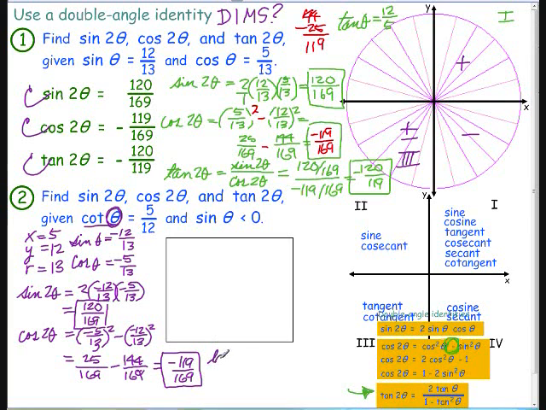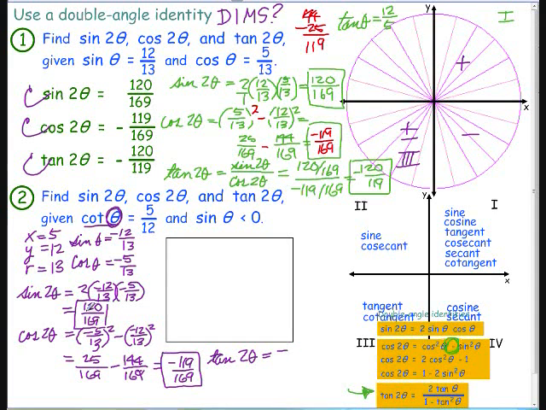And then for tangent of 2 theta, I'm going to go the easy way. Instead of using this identity, I'm going to take the sine of 2 theta over the cosine of 2 theta. They have the same denominator, so I know it's going to turn out to look like this.